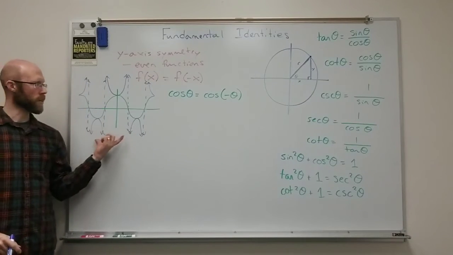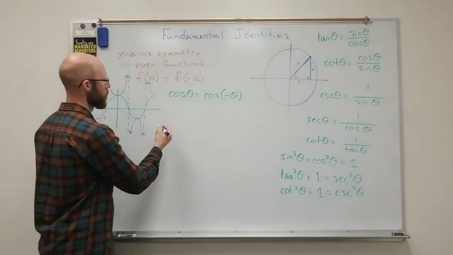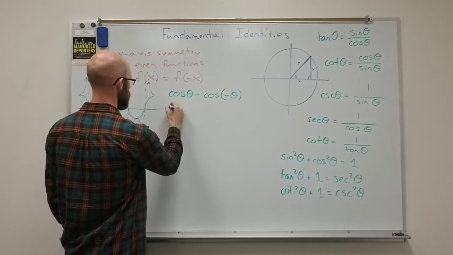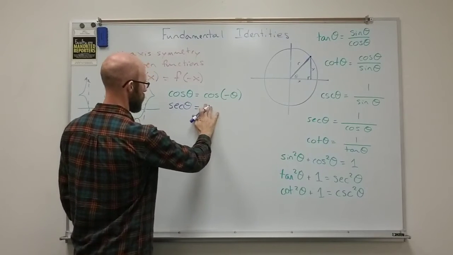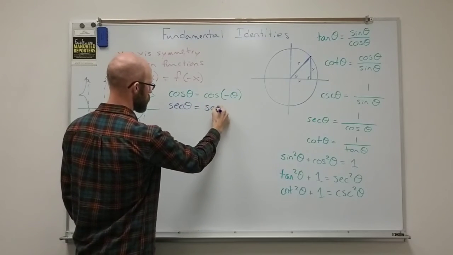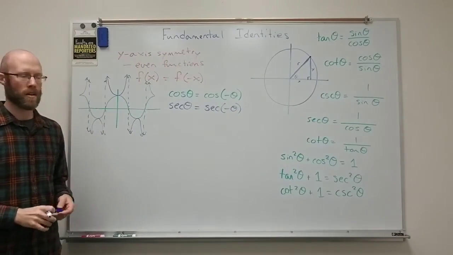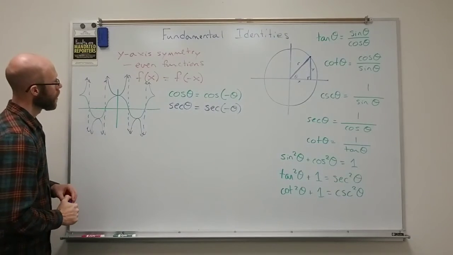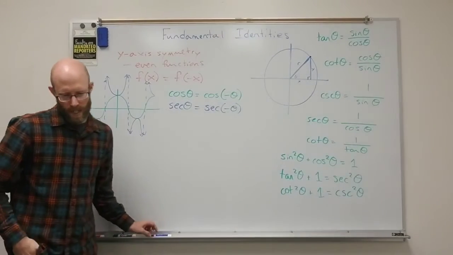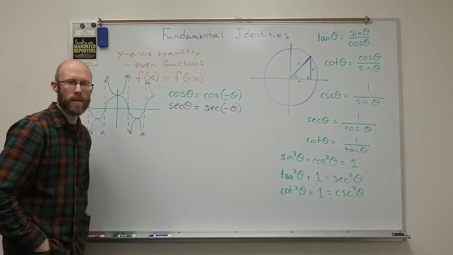And you can see on the blue graph here the y-axis symmetry again. So the secant of theta is also equal to the secant of negative theta. That's another even identity, okay? I believe those are the only even identities. Yep, the other ones are all odd, okay?